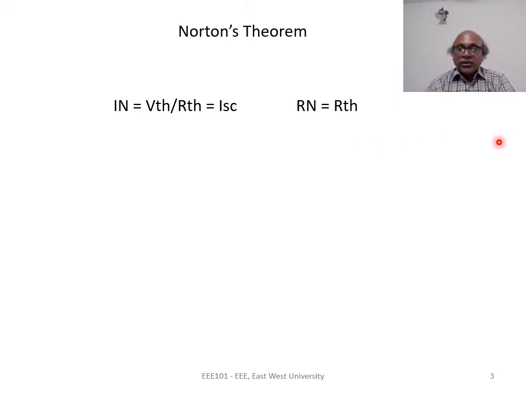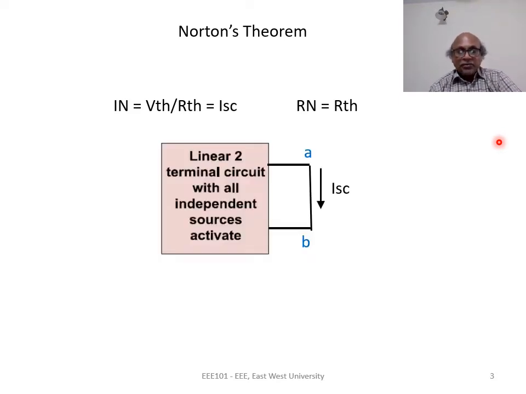Now the question is, how do I determine IN and RN of a given circuit? To find IN, we will short circuit our two desired nodes A and B, keeping all independent sources active in the linear two-terminal circuit. If ISC is the current flowing through this short circuit, then this ISC is equal to the Norton's current IN.